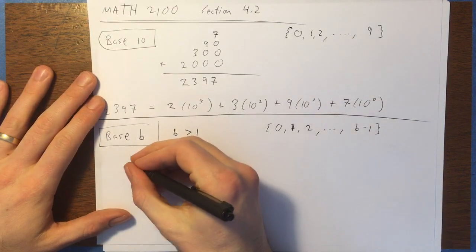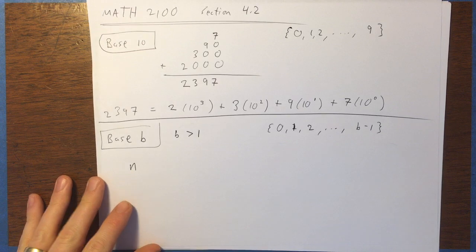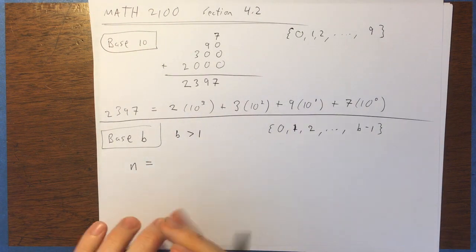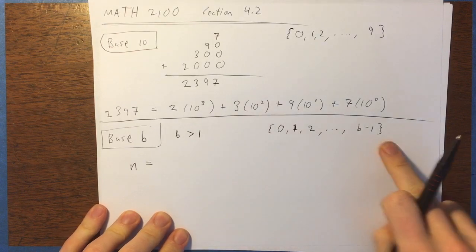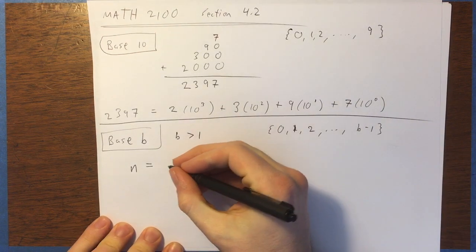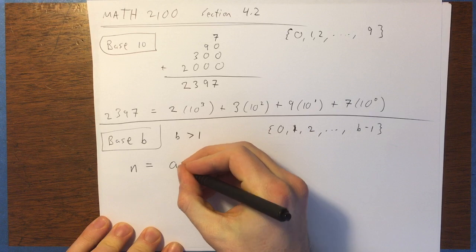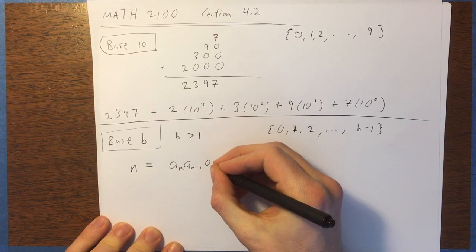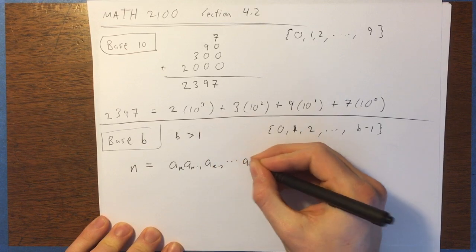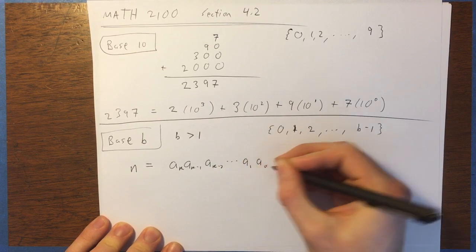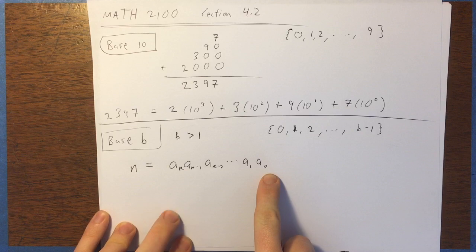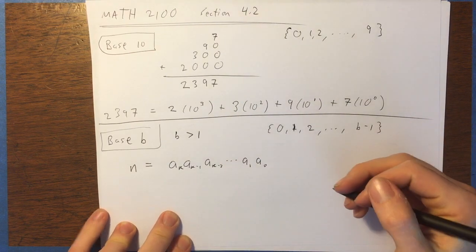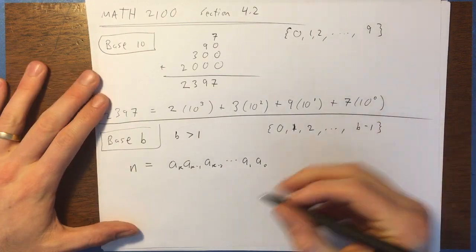And then, if you want to represent a number, say a number n, in base B, this would be represented by a string of digits selected from this set. That string of digits is going to be like A_{K-1}, A_{K-2}, dot, dot, dot, down to A1, and then A0. And K is just the length of that string, so it's kind of the order of magnitude.